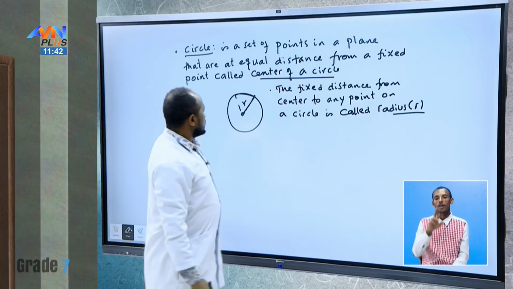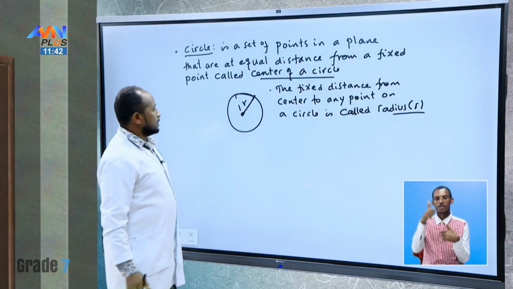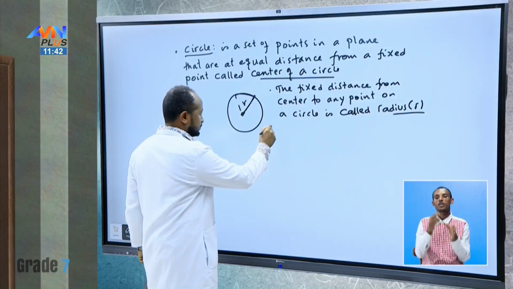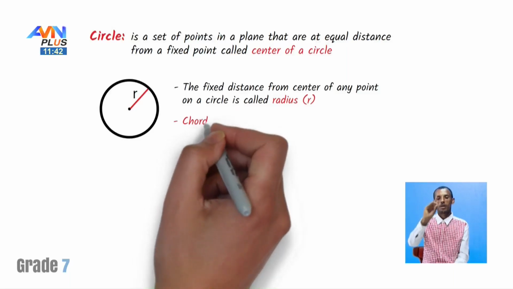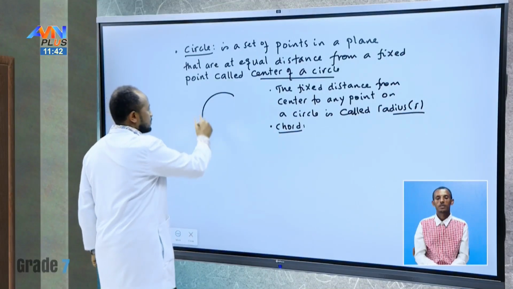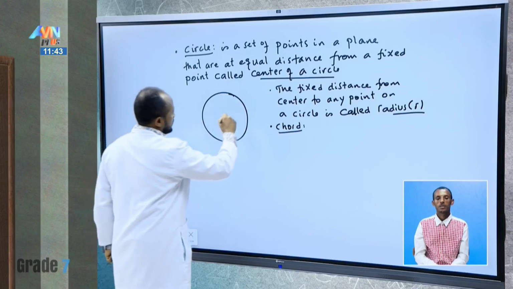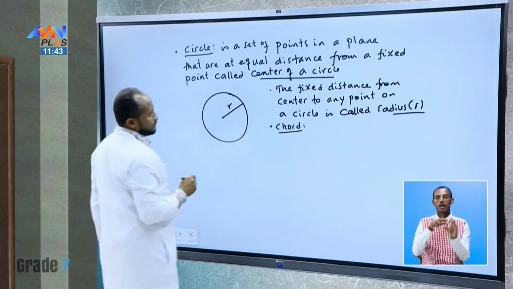Again, we have another terminology here. The other term is chord. We say this one is the radius, this one is center of the circle.